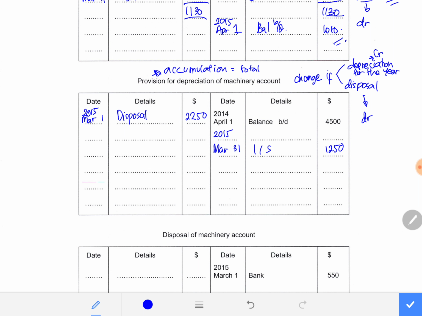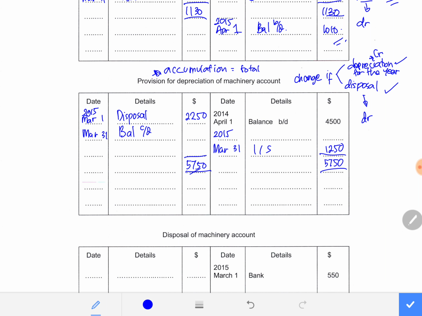Next, balance CD. Depreciation is done, disposal done, and then balance CD. Balance CD is at the end of the accounting period, which is March 31, and the amount will be, total credit is 5,750, so the debit side must be 5,750 as well.